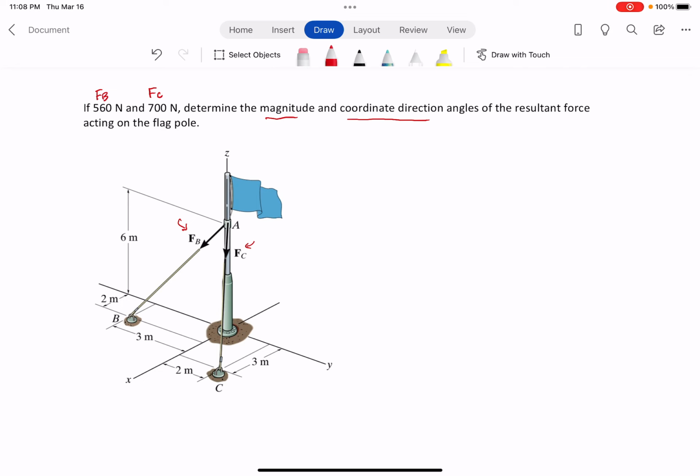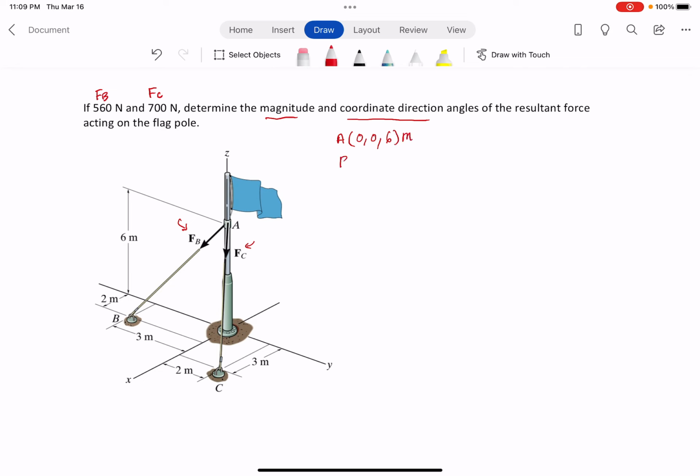Well, if you have a force like this, first of all, we have to determine the unit vector of that cable. Let's look at the coordinates. Coordinate A is on the z-axis, so 0 in the x, 0 in the y, and 6 in z.